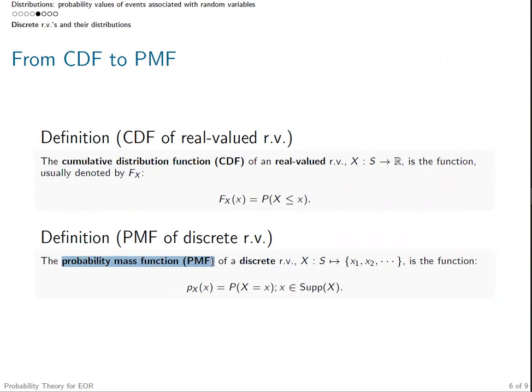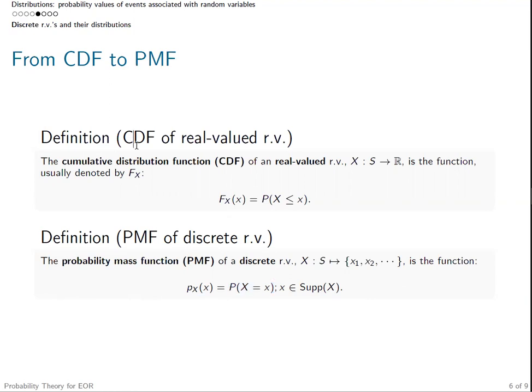The probability mass function is essentially p_X(x). Usually we use p capital X to denote the probability mass function of a discrete random variable X. And it specifies all probability values of the event X equal to x, with small x coming from the support of this random variable X.